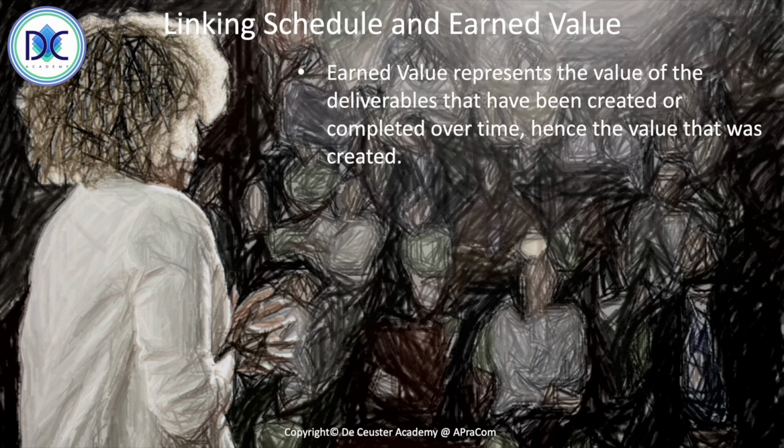The earned value represents the value of the deliverables that have been created or completed over time. Basically, we'll compare how much we estimated that those deliverables will cost, and every time we create a deliverable, when a deliverable is finished, we get, in fact, the value of the creation of that deliverable.